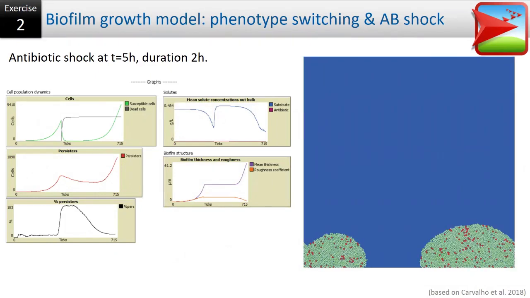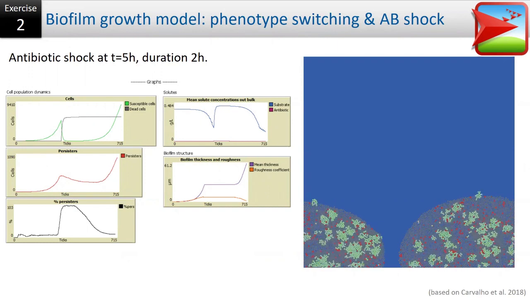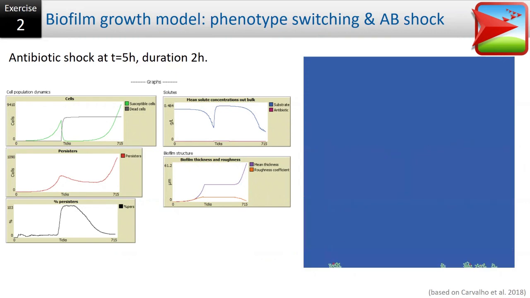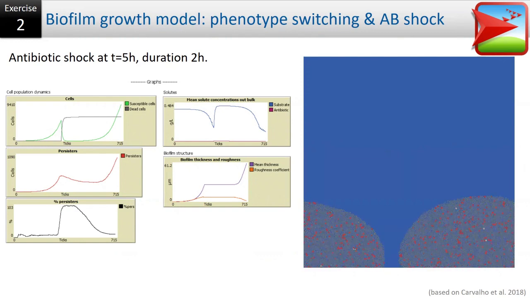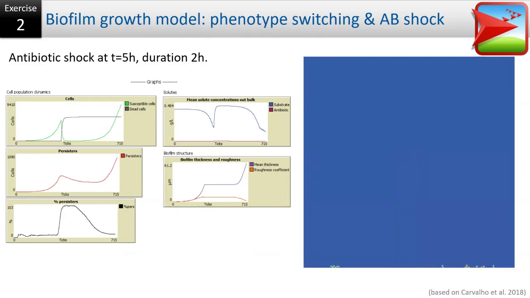You have a growing biofilm, it gets big, and now we shock them with antibiotic. All the sensitives basically die out, but the persisters survive. And once the antibiotic treatment is gone, you go back to normal growth. This is motivated by antibiotic shocks, right? Biofilms and such treatments.